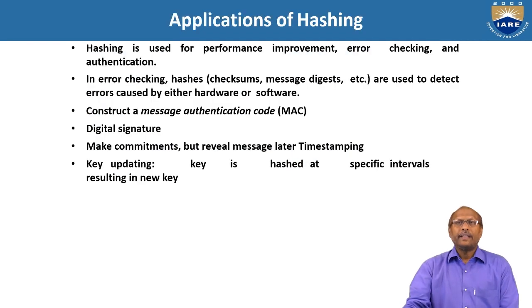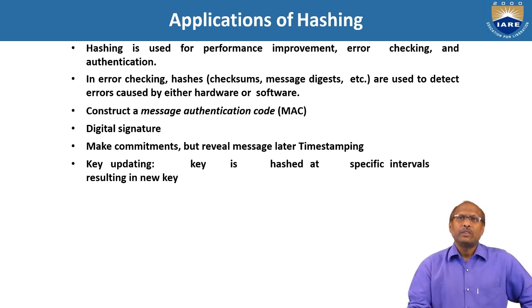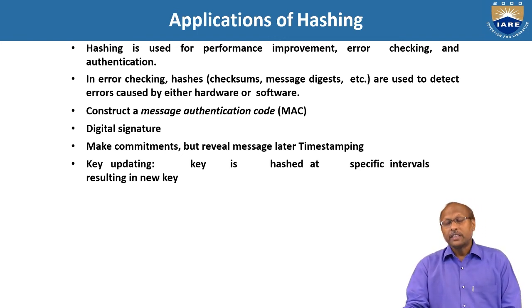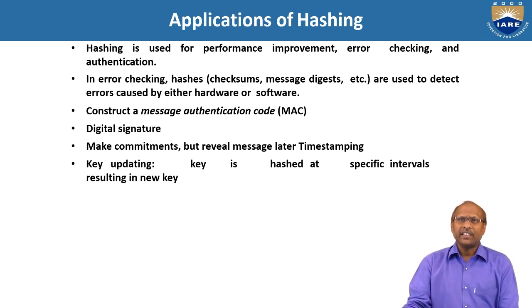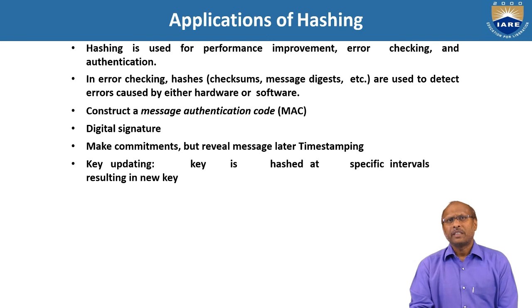Okay, and you can see where these hashings are used. Hashing is used for performance improvement, error checking, and authentication. Of course, it may be used whenever you are searching some data from a huge database. In error checking, hashes are used to detect errors caused by either hardware or software. Hashing is also useful to construct the message authentication code, the MAC code.